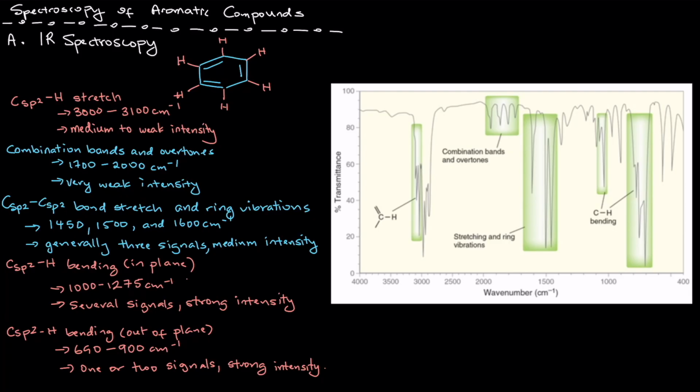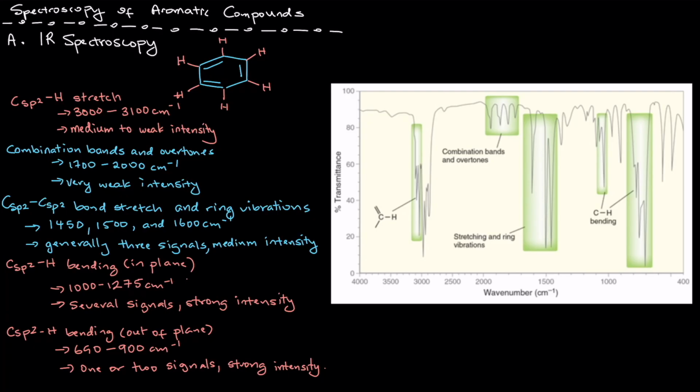So notice that between 3000 and 3100, we have those Csp2-H stretching modes. Take a look at those combination bands and overtones. That's pretty clear here, but once again, I want to warn you that it's not always that clear, but you should see some of those tiny spikes. And then between 1450 and 1600, we can see those stretching vibrations and ring vibrations at 1450, 1500, and 1600.